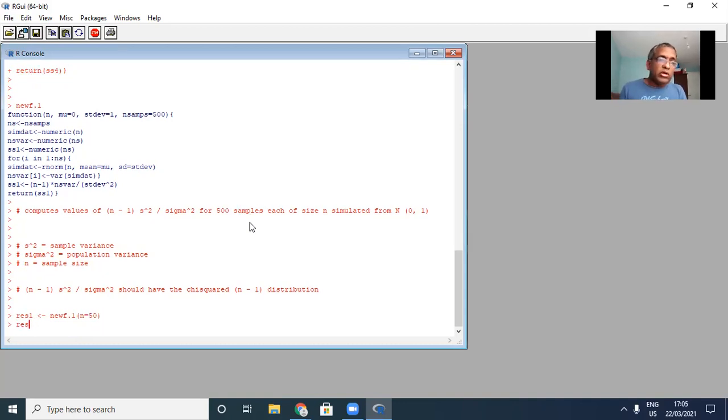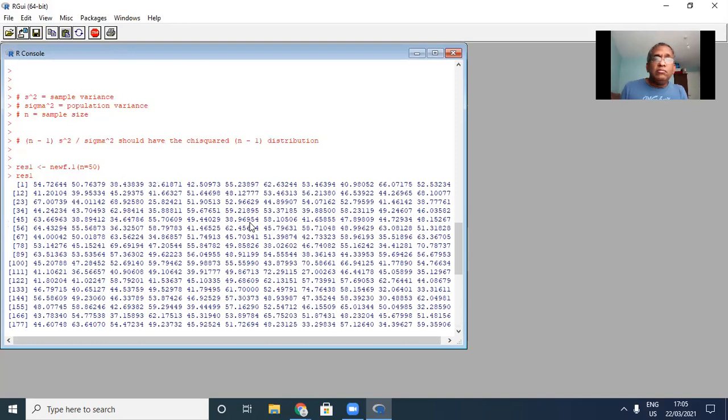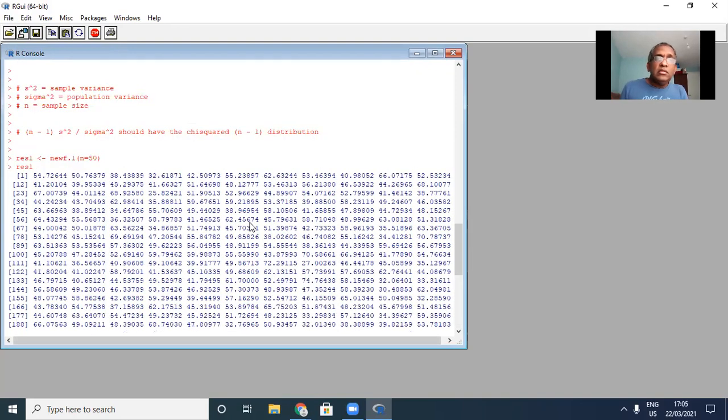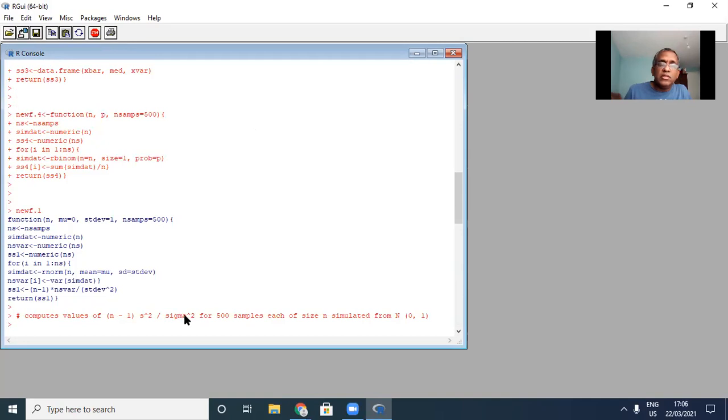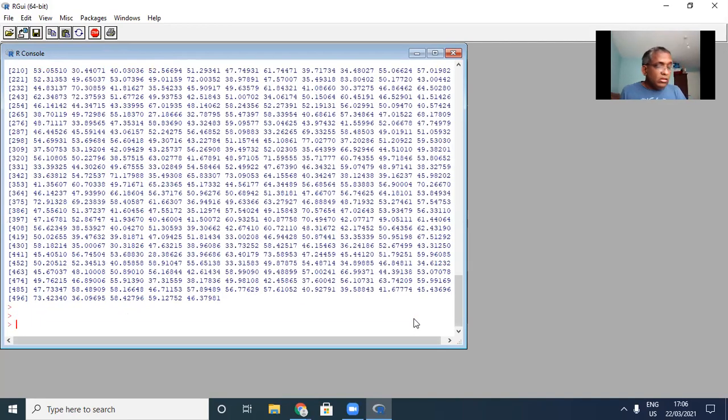So if you type res1 now, you will see I have 500 numbers, similar 500 values of this simulated with n equal to 50. So in other words, 500 values of this, each computed out of a sample of size 50 from N(0,1), right?